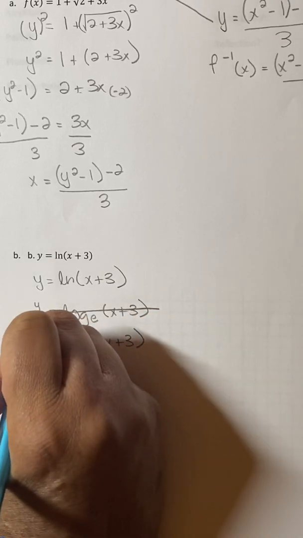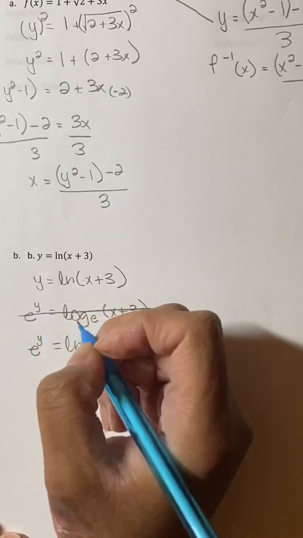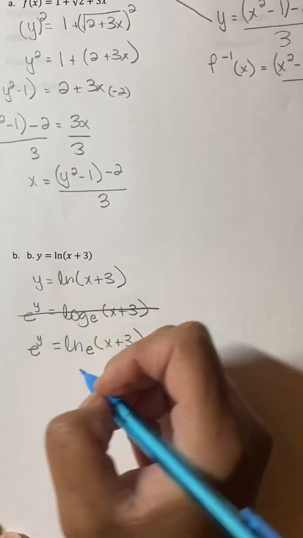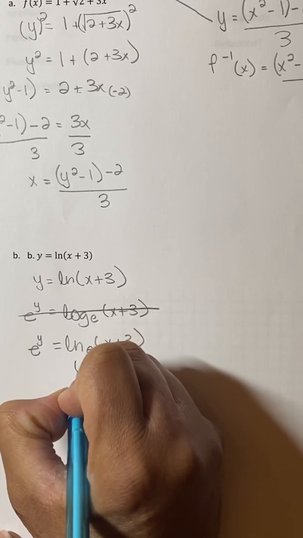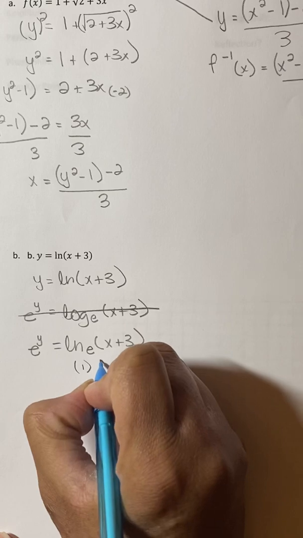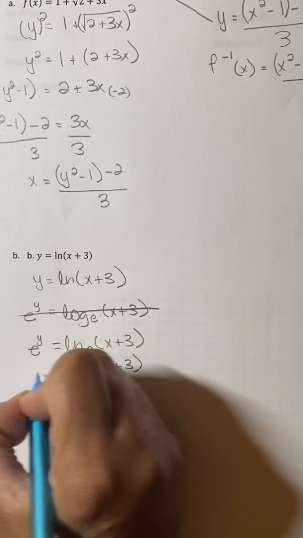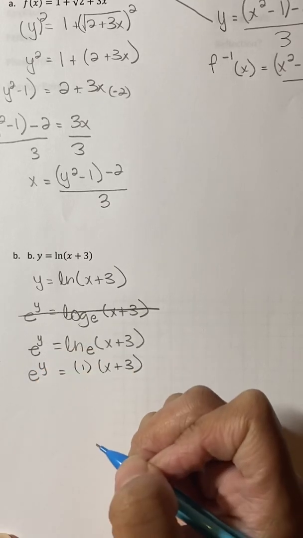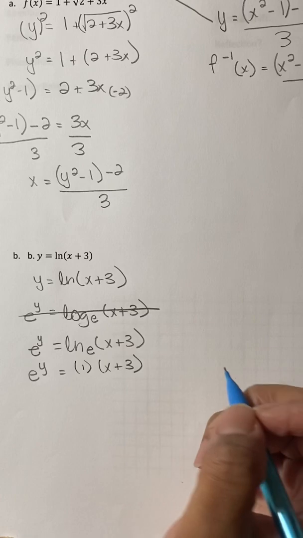And then we're going to do the e to the y on the opposite side. So we know that natural log e is equal to 1. So you actually have 1 times x plus 3 equals e to the y. Okay? So we're trying to find out what x is.